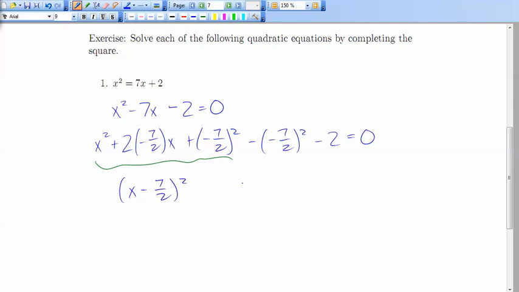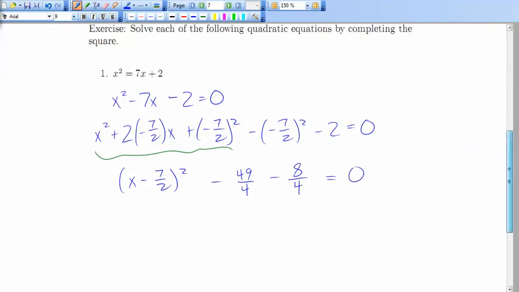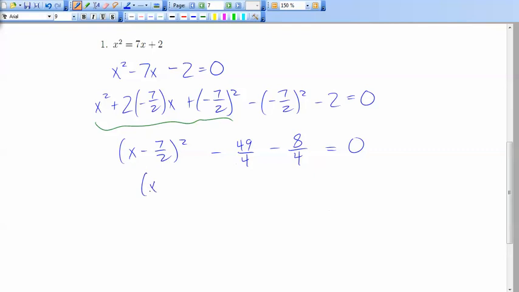Then I've got minus 49/4. And then minus 8, but let's write it as a number of quarters just to save ourselves some time. Minus 8/4, because we know we need to combine those 2 constants. And so we've got x minus 7/2 squared minus 57/4 is equal to 0. And we finished completing the square there.